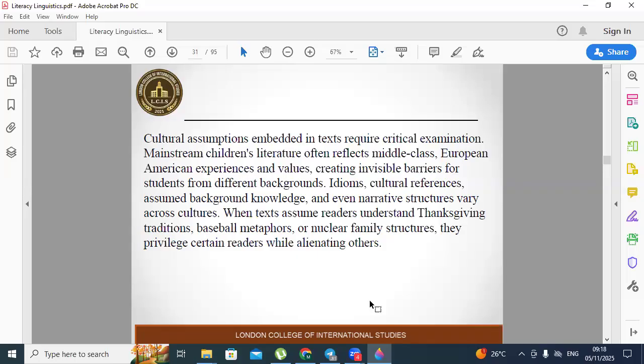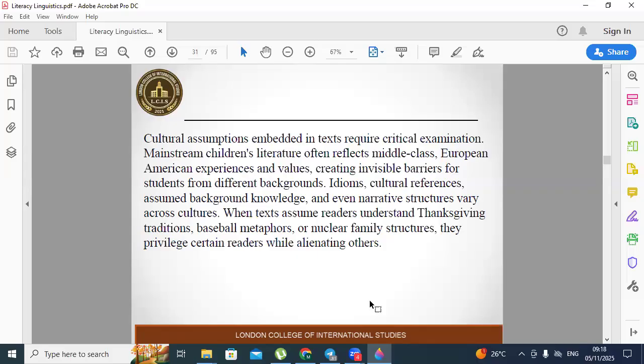A text might casually reference the Civil War, assuming readers have basic knowledge about this conflict, but students from other countries may have never studied it. A story set in rural America might reference farming practices unfamiliar to urban students. So, what's the solution?